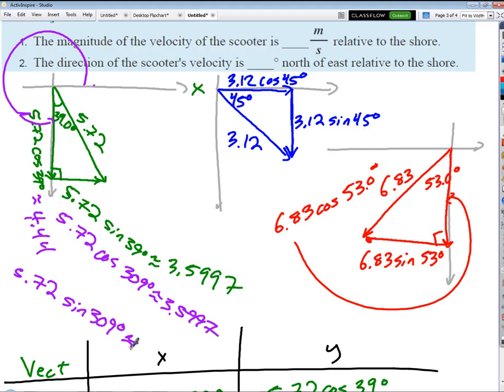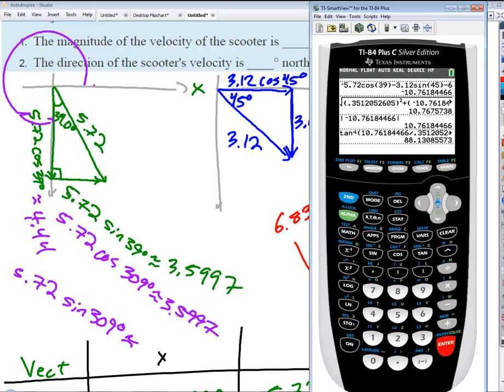You see that? It made this one positive like it was supposed to be. And it also gives you an advantage when you're doing your calculator work. When I go back to this stage, where I have to grab my x component calculation and turn it into a y component calculation, I never have to worry about changing any signs. All I ever have to do is change those three cosines into three sines, and the calculation's done.